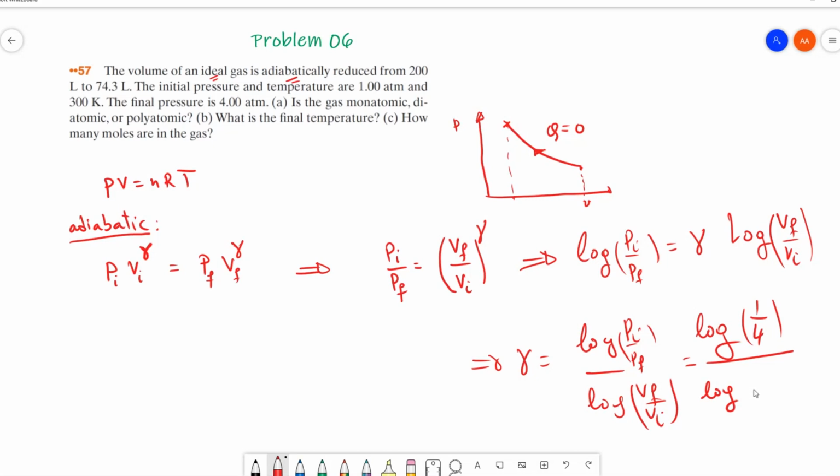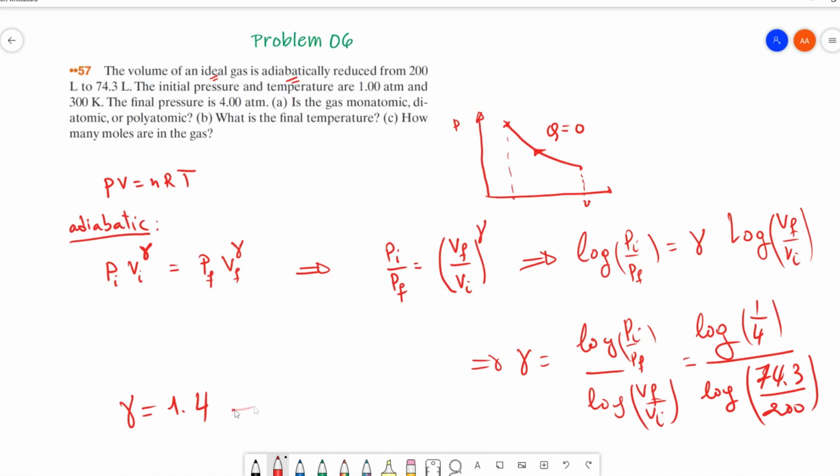So it is reduced from 200 to 74. The final is 74, and here it's 200. When I do the calculation, I obtain gamma is equal to 1.4.